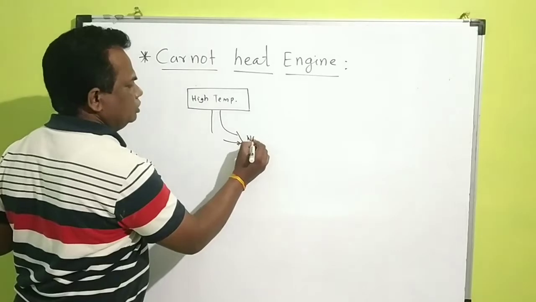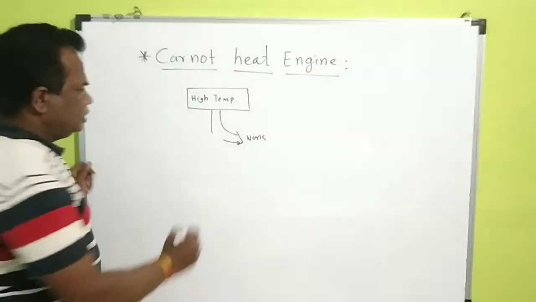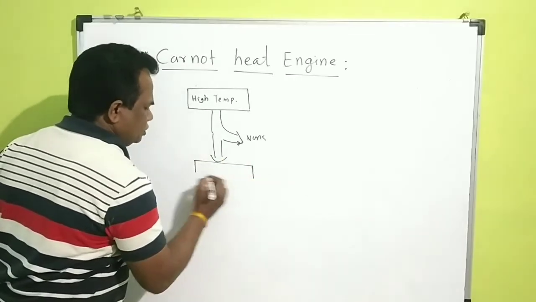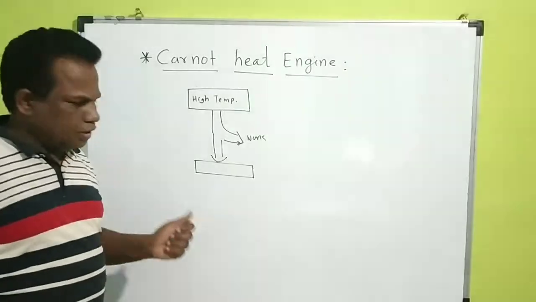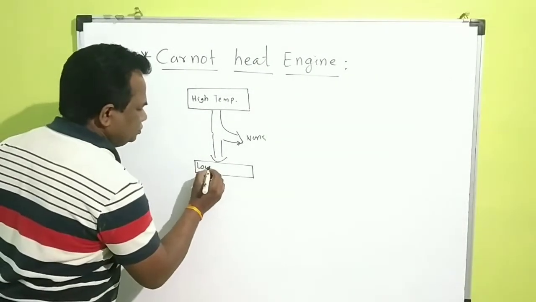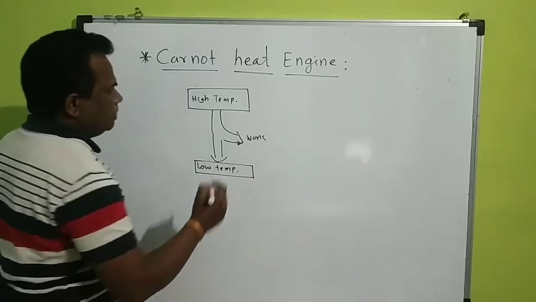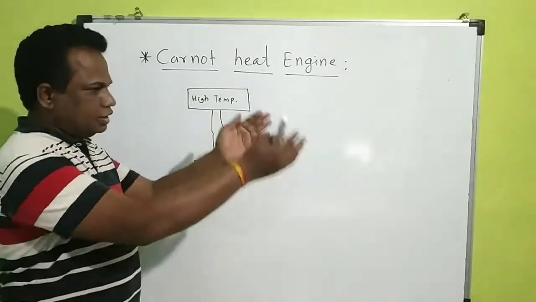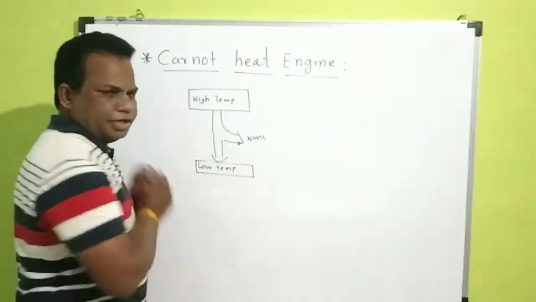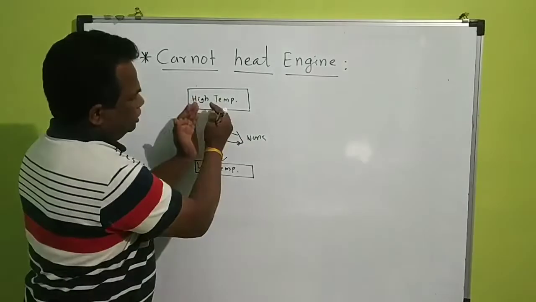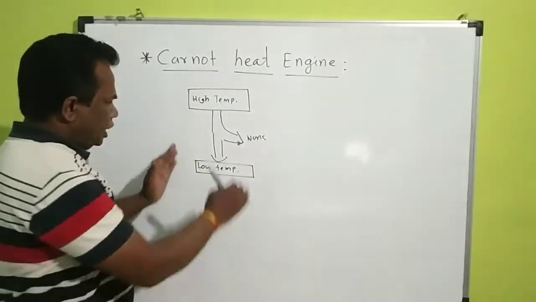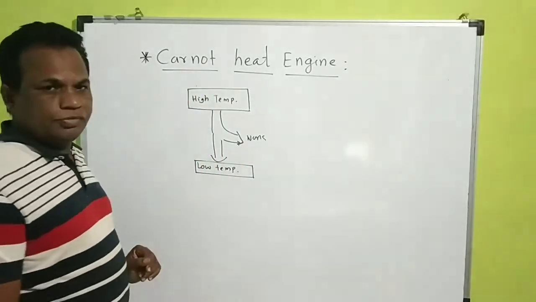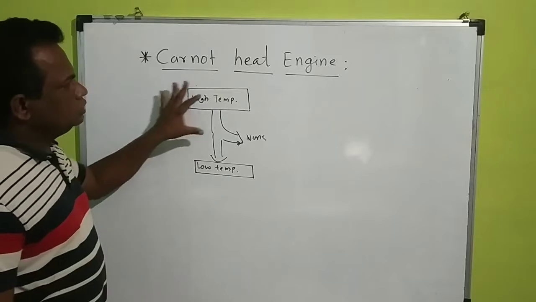Some part, the remaining part, is given to the reservoir at low temperature. So this is the purpose of the engine. The engine takes heat from the higher temperature, some part of the heat is converted into mechanical work, and the remaining part is given to the lower temperature system. So this is the working of the heat engine.